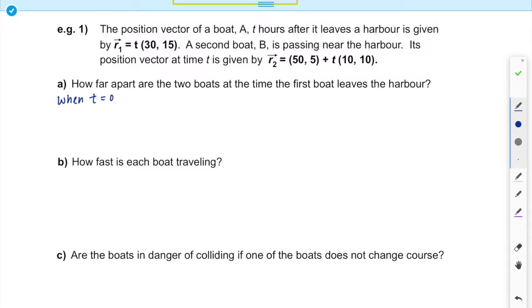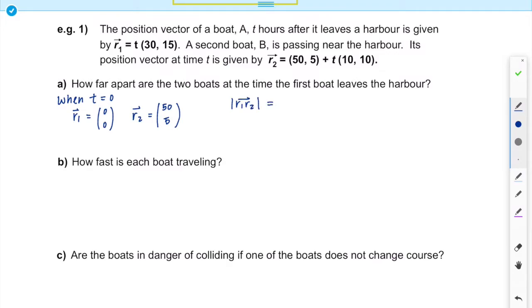At this time, r1 is 0 times (30, 15), so that's (0, 0). And r2 would be 50 plus 0, so 50, and 5 plus 0 times 10, so 5. We want the distance between the two boats, which means the magnitude of the vector r1 − r2.